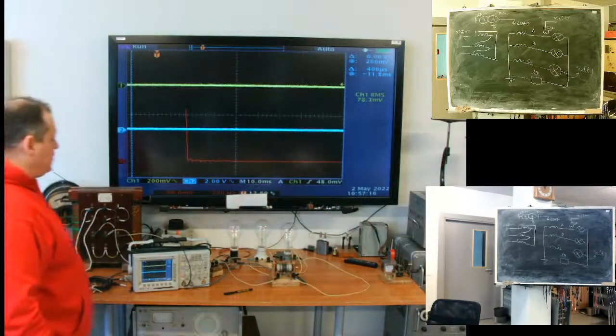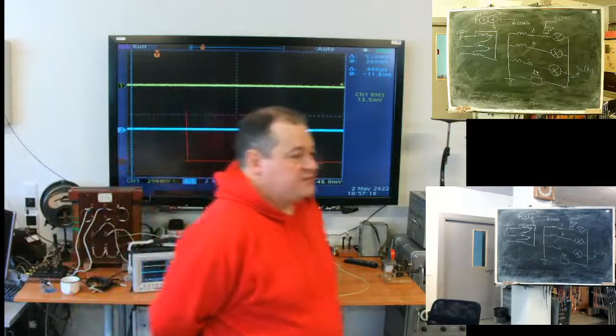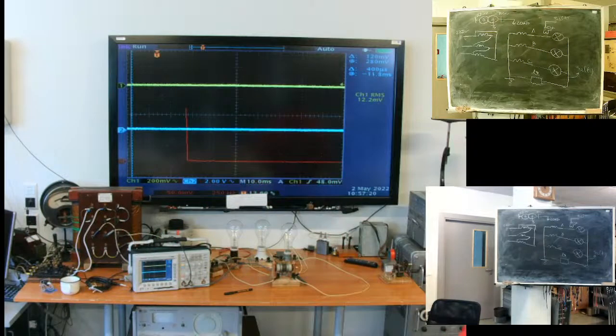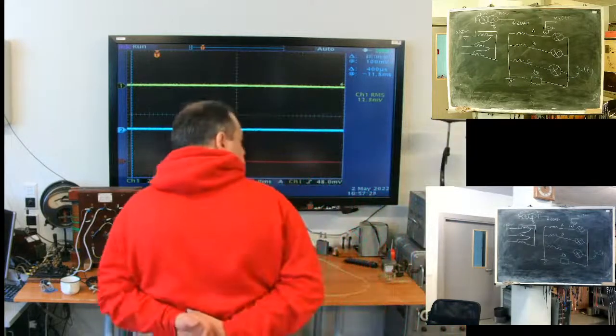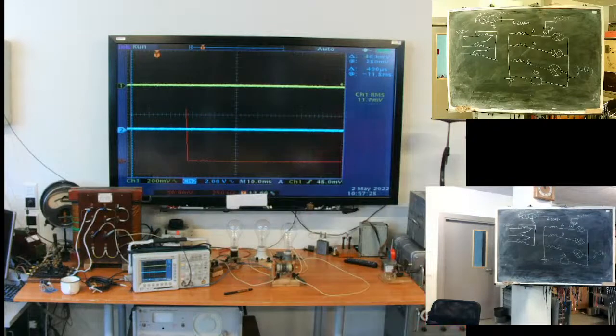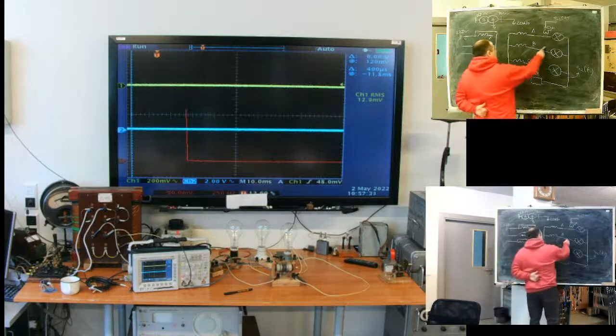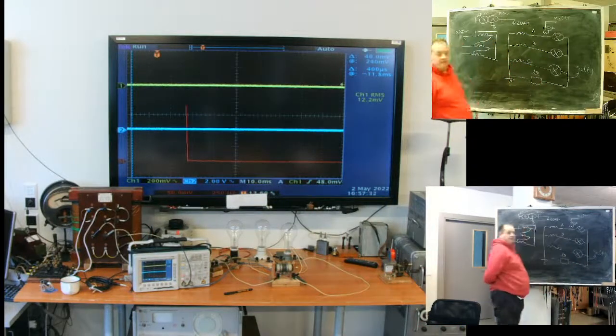What will happen if I disconnect one of the phases? Let's say I cut B phase. What will happen?